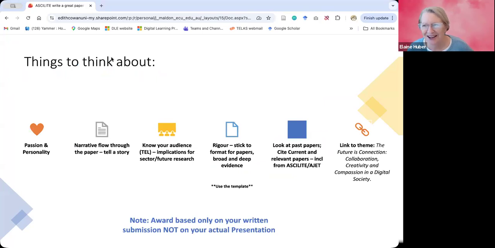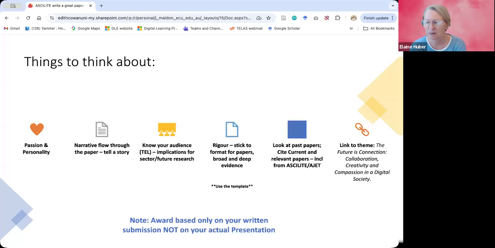Okay, so a very quick broad brush overview of some of the things that we'll cover today. We're going to share some examples with you, but in general, if you're writing an ASCILITE paper, here are some of the things that our top award-winning papers have told us in the past.